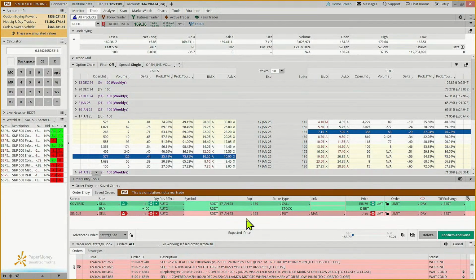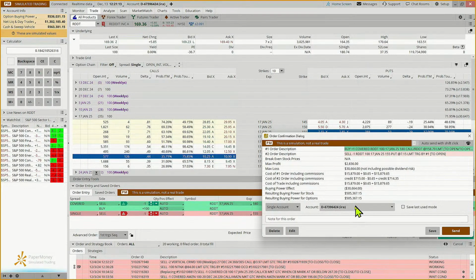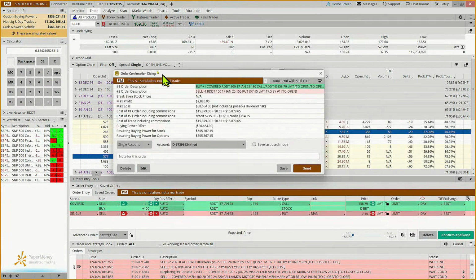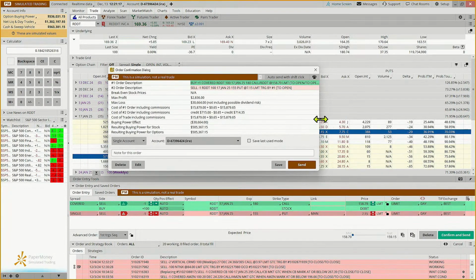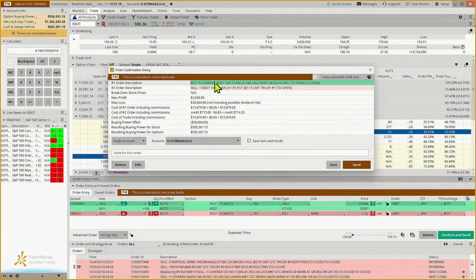And so if we look at this, what would be ideal would be if we were called out. And so we're going to go ahead and hit confirm and send. So we're bullish, right? We want to buy 100 shares of Reddit at the current price, $169.36. We want to sell the January 17th 180 call. And then we also want to sell the January 17th 155 put.